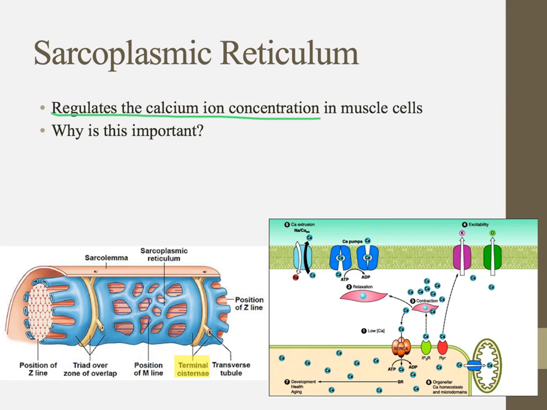And that's the job of this sarcoplasmic reticulum, to regulate that. So if we want a contraction, we need calcium to remove that naughty, in the way tropomyosin. If we don't want a contraction, we need the sarcoplasmic reticulum to make sure there is no calcium so that those myosin binding sites are blocked.